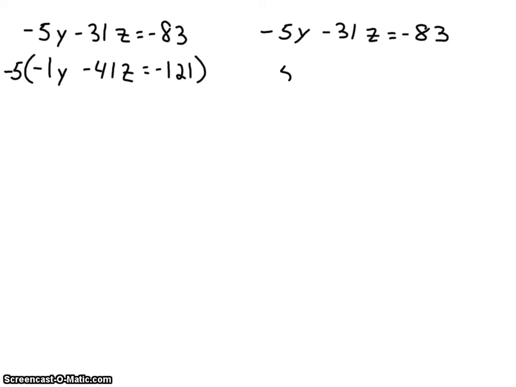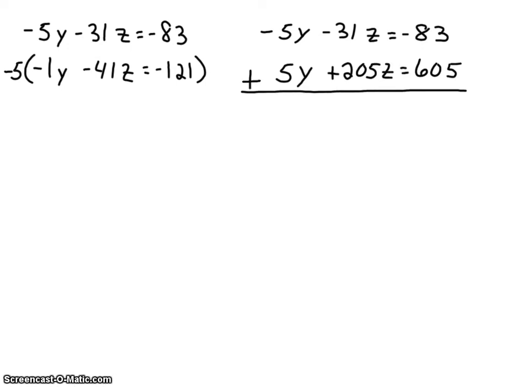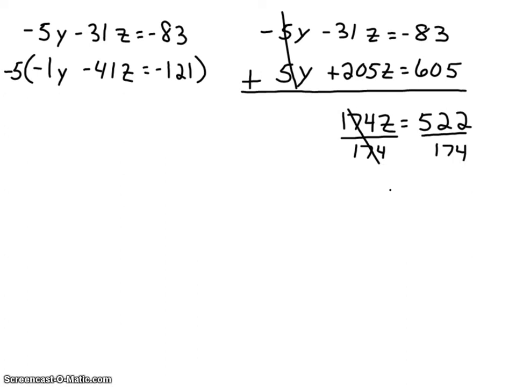And as a result, I get 5y plus 205z equals 605. Add these together, the y's cancel, and we get 174z equals 522. Solve this for z, and we get z equals 3. Good.